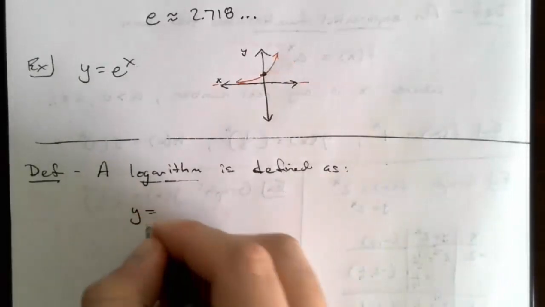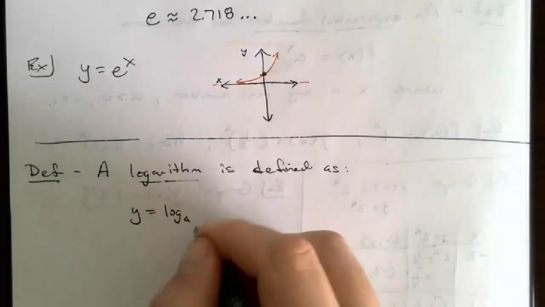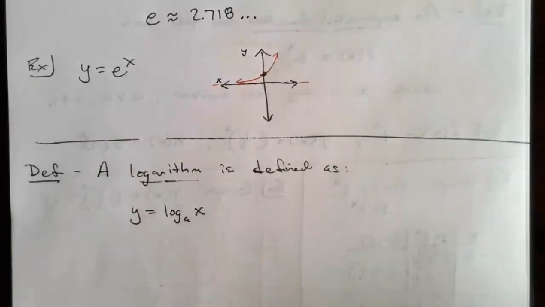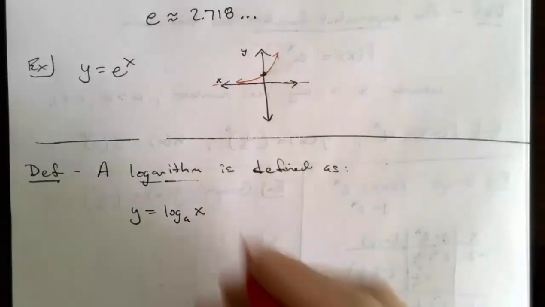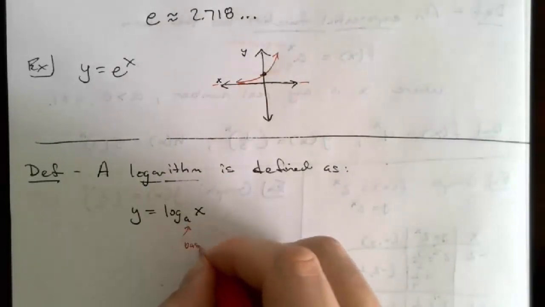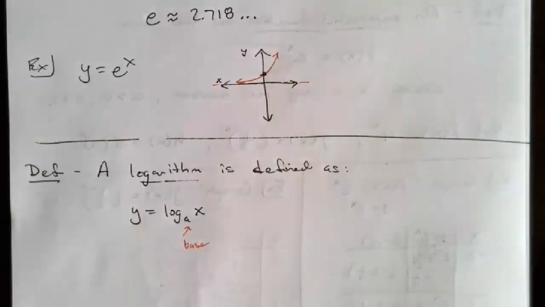I'll write it as y equals log base a of x. Now, when I say that, let's make sure we understand, right? So this is log, this is the base, right? So y equals log base a of x.